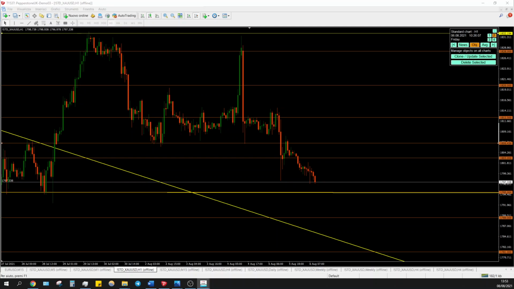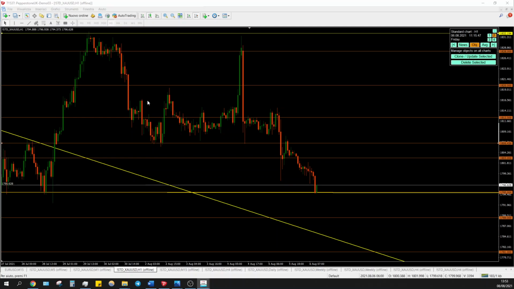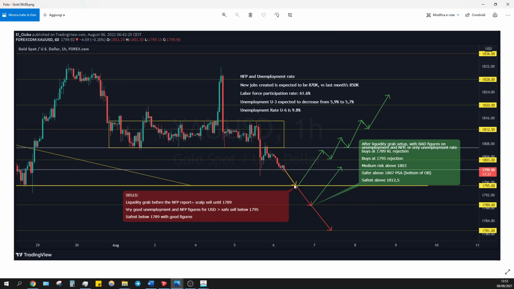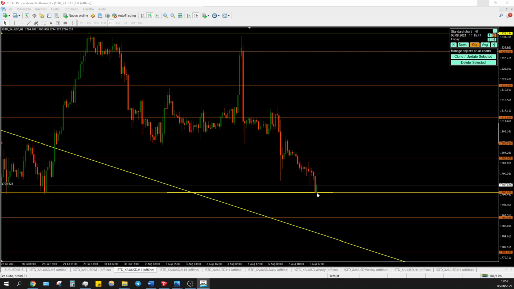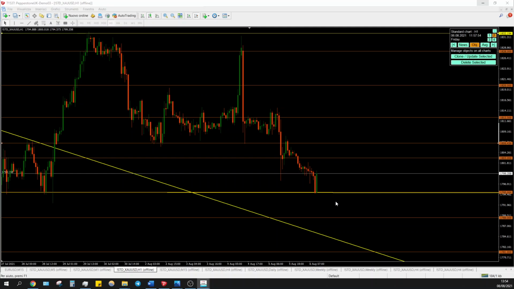Okay, and we are coming towards our data, as this was per scalping ideas. Buys at 1795 rejection, of course, was here if it was prior to the news, and that's what happened. We got a nice scalp because there was no reason yet to sell below 1795.